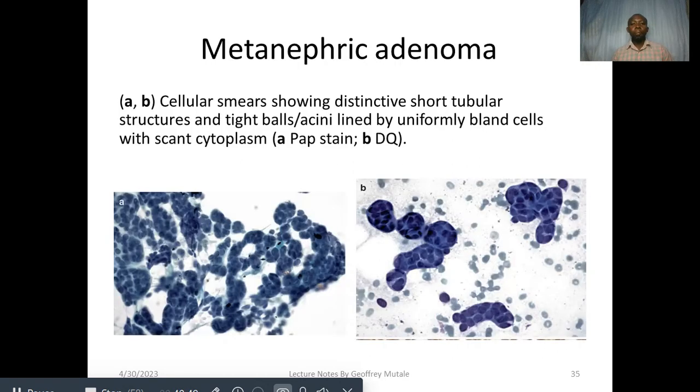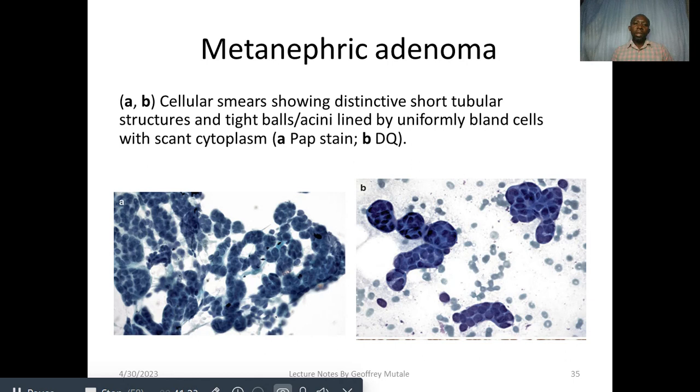So we have an illustration of the metanephric adenoma, or MA. We have pictures in A and B as labeled, illustrating cellular smears showing distinctive short lobular structures and tight balls which look acinar-like, lined by uniformly bland cells with scant cytoplasm.